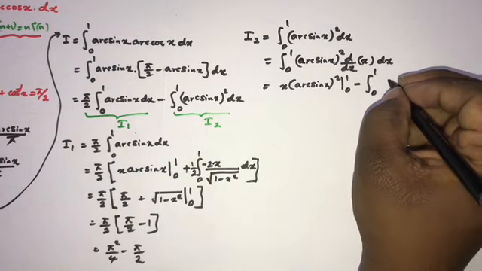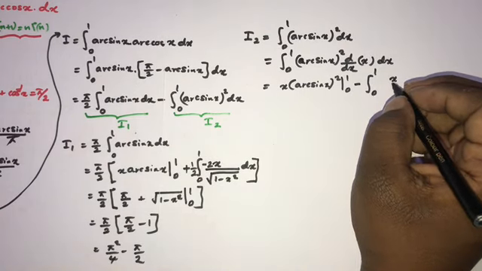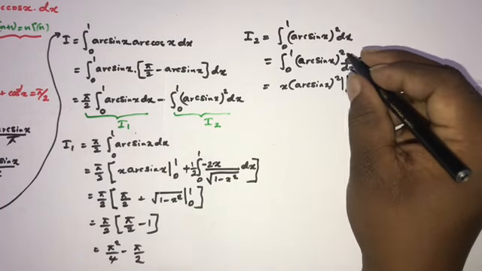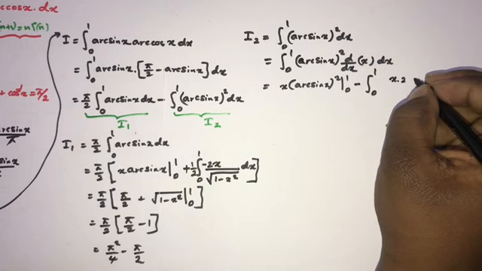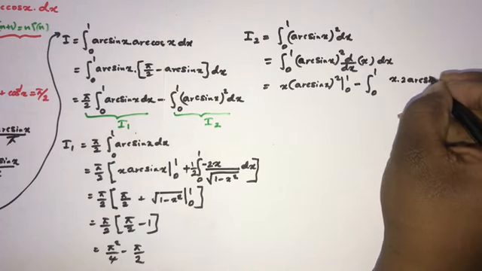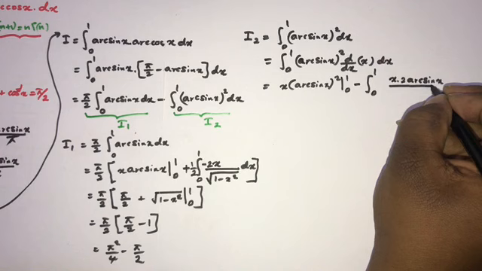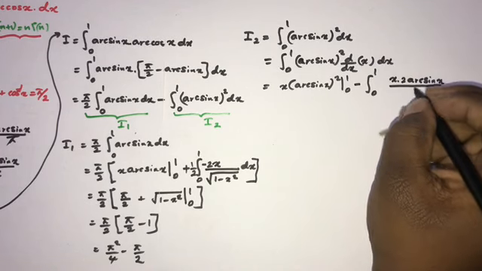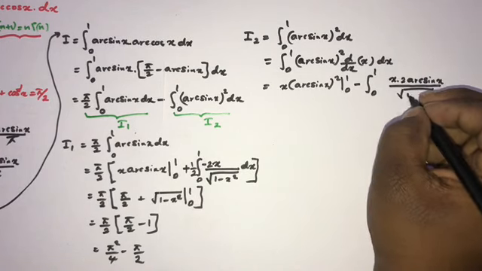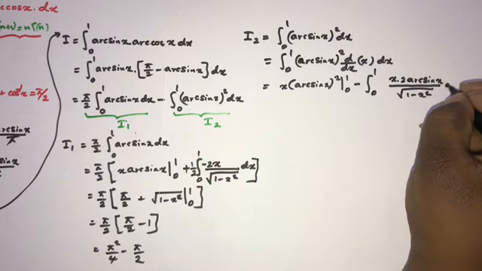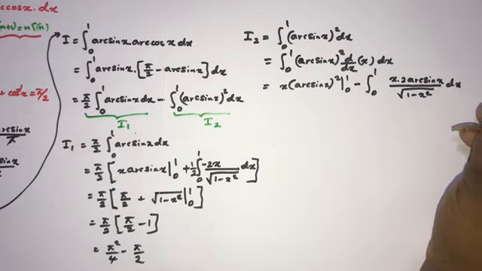Now rewrite x, then the derivative of arcsine of x square, we know 2 times arcsine of x over, now according to the chain rule, the derivative of arcsine of x, we know square root of 1 minus x square here dx.